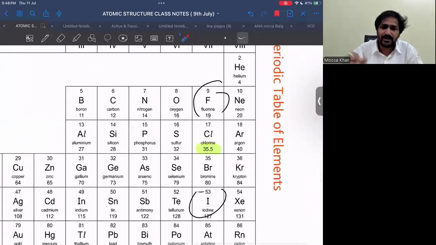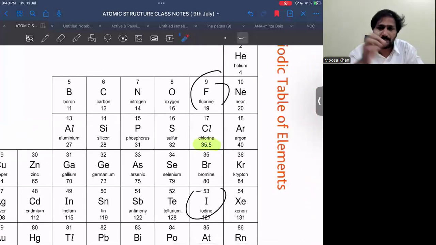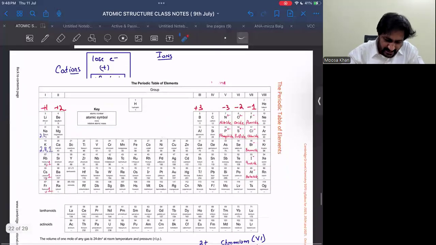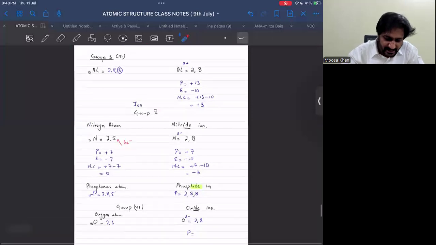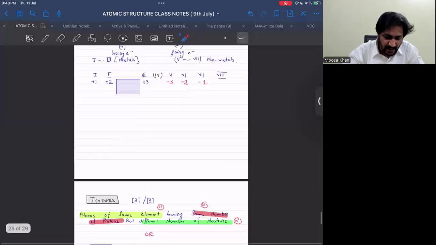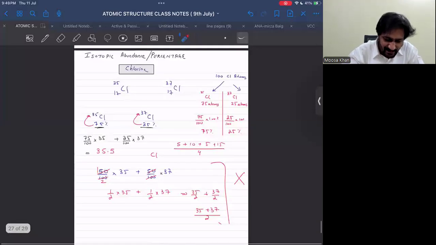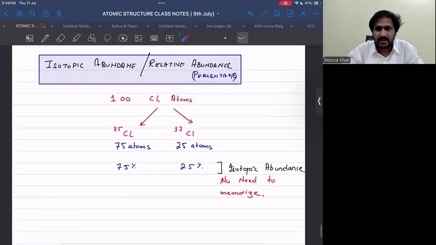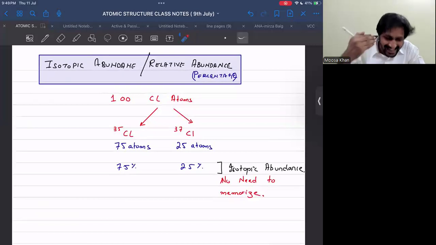Actually, when we have to write the chlorine atom into the periodic table, we have to decide whether we should write chlorine with mass number 35 or chlorine with mass number 37. One of them has to be kept. If you keep 35, then 37 will feel bad, and if you keep 37, then 35 will feel bad. So in order to represent it correctly, what we did is we took the average of these two masses.